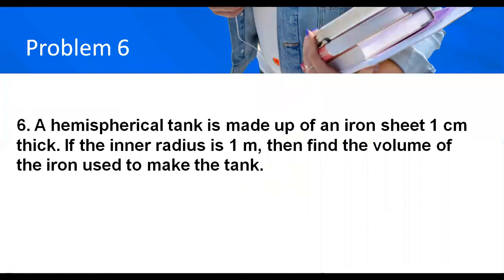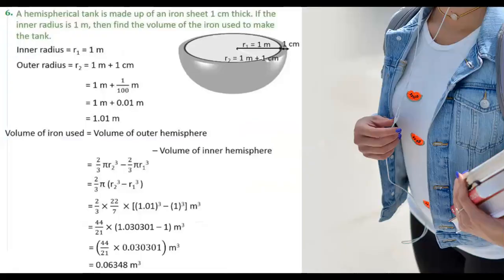Coming to the sixth problem, a hemispherical tank is made up of an iron sheet 1 centimeter thick. If the inner radius is 1 meter, then find the volume of the iron used to make the tank. So here we are given a hemispherical tank which is hollow from inside and it is 1 centimeter thick. The inner radius is 1 meter.